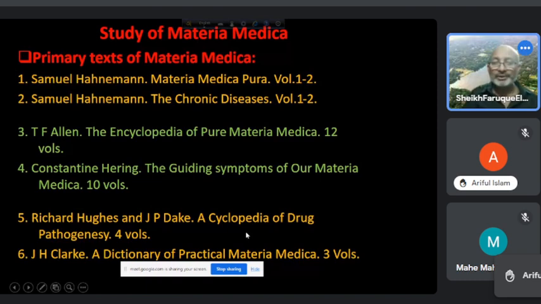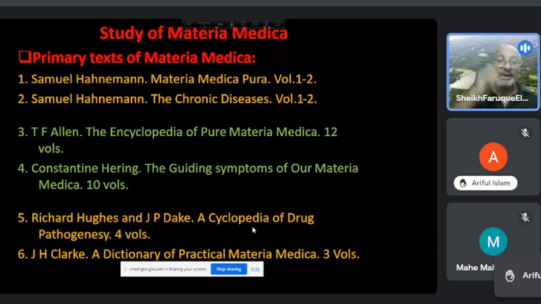Then he wrote also one encyclopedia like TFLN. This is called Cyclopedia of Drug Pathogenesis. It has 4 volumes. But the problem is that Dr. Richard Hughes, he did not like Hahnemann's symptoms proved with very high potency by 30.